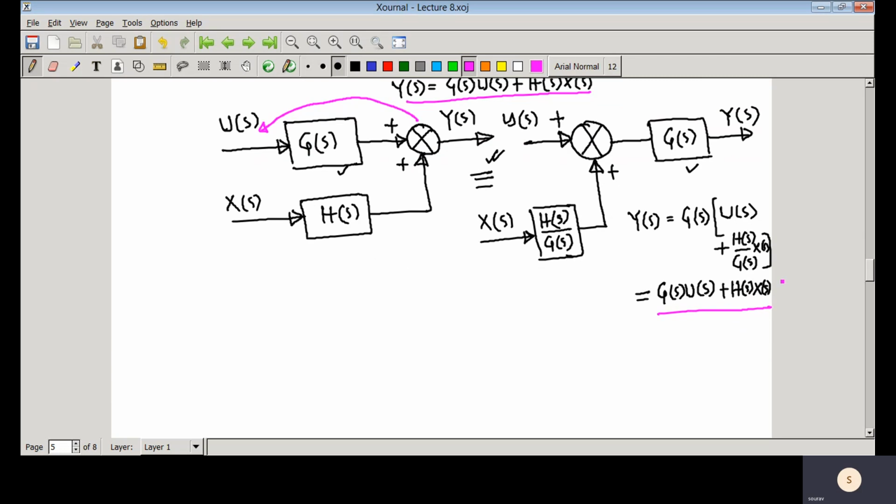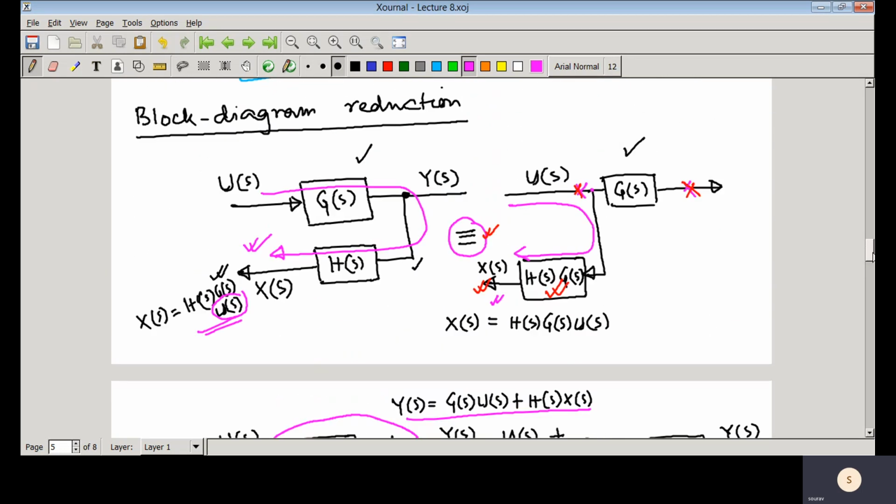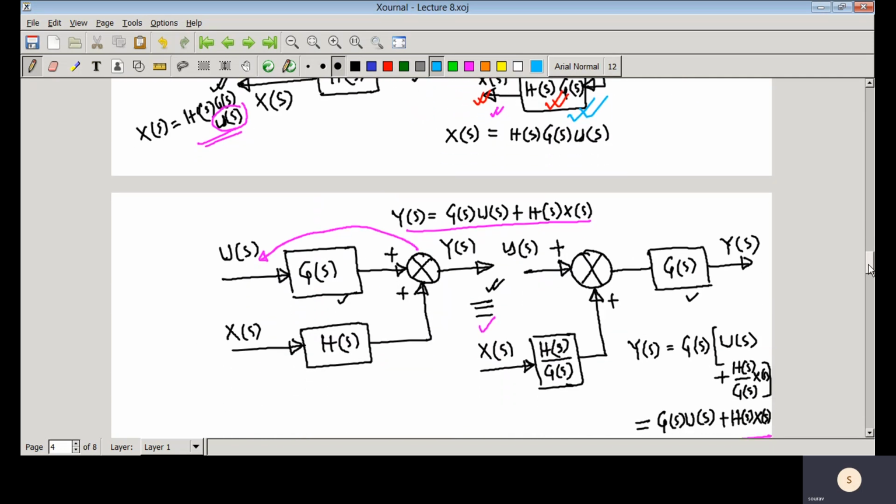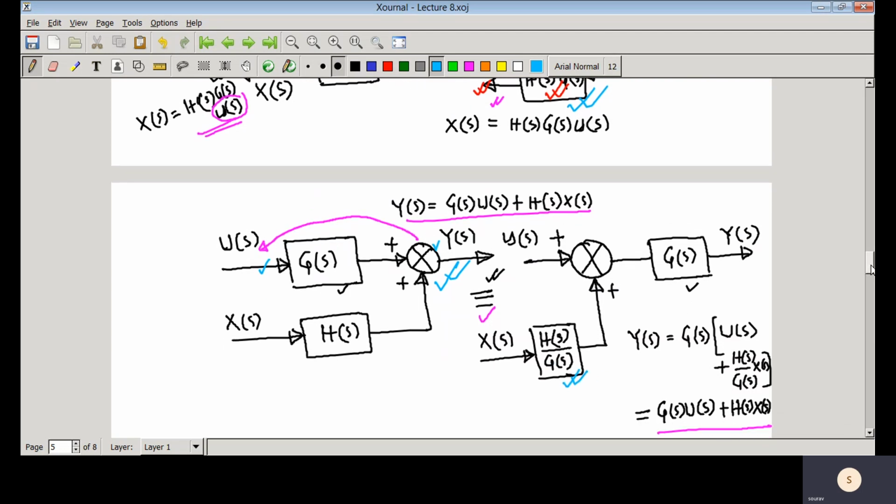So that means these two block diagram representations are equivalent, and we can see here that whenever you change that tapping position, there will be a product in the revised block diagram, and whenever you change that comparator position from this place to this place, there will be one division.